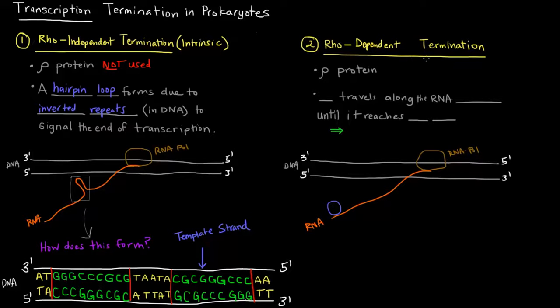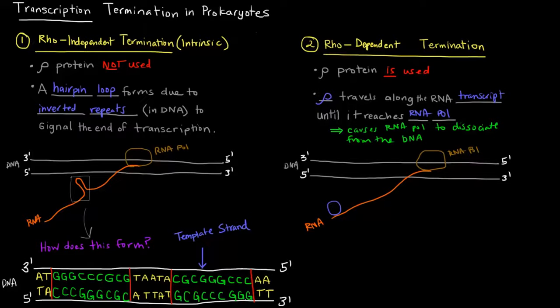So if it's rho-dependent termination, the rho protein is used. So what happens? The rho protein, keep in mind this little symbol is the Greek symbol for rho, travels along the RNA transcript until it reaches RNA polymerase. And then it causes the RNA polymerase to dissociate from the DNA.